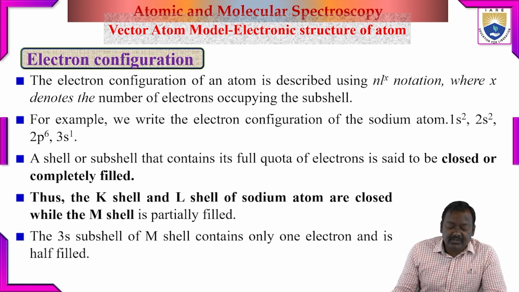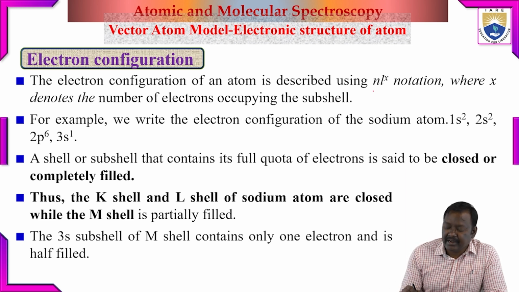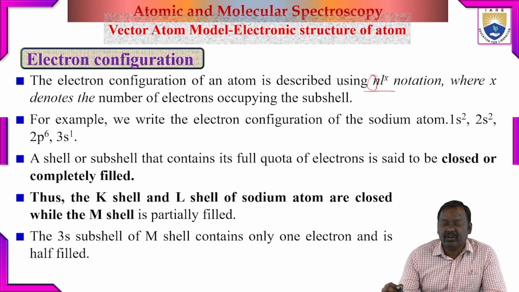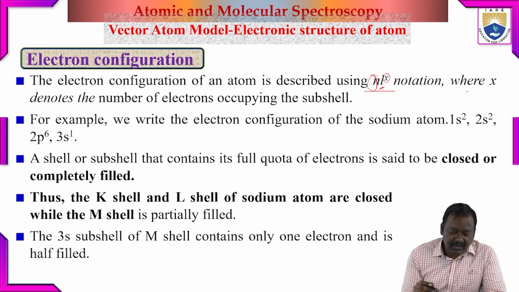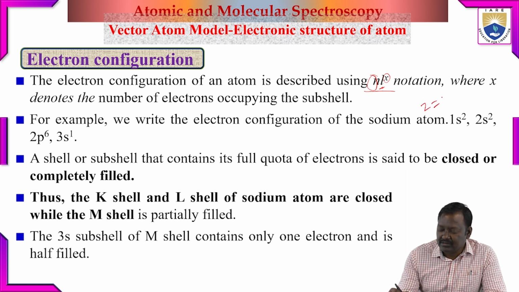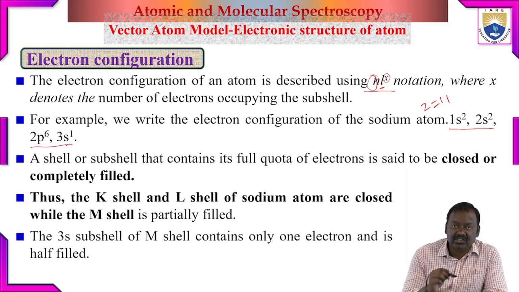Electron configuration. The electron configuration of an atom is described using nLx. n is the principal quantum number, l is the orbital, and x is the number of electrons filled in that particular shell orbital. So, for example, if we take the sodium atom, sodium atomic number Z equal to 11, we can fill like this: 1s2, 2s2, 2p6, 3s1.